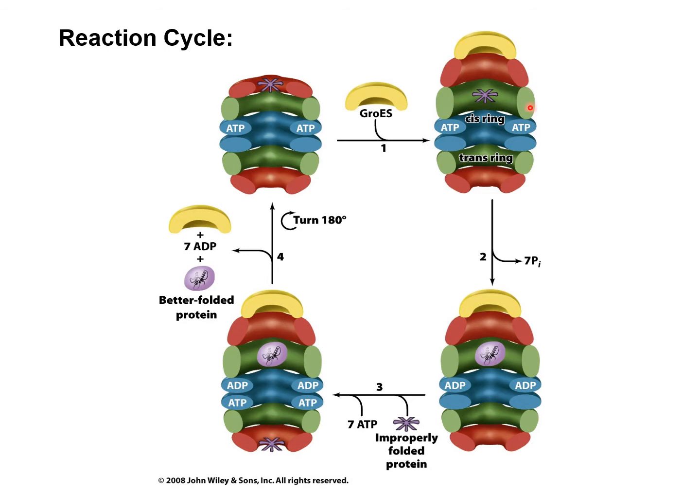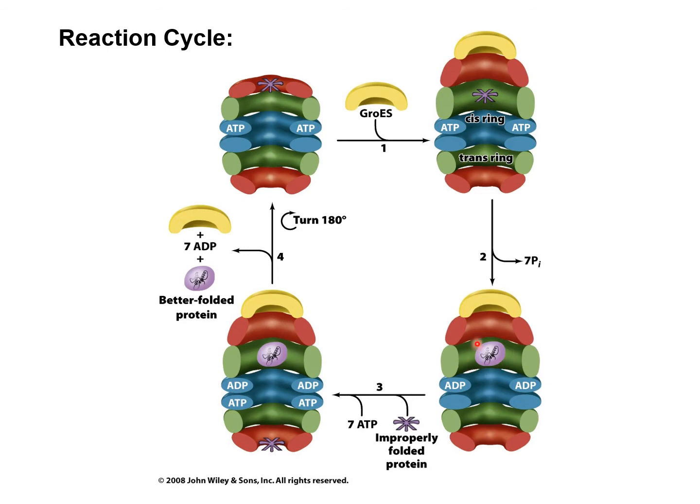This barrel region where the misfolded protein is located is called the cis ring of the GroEL complex, and the other one that does not have a misfolded protein is called the trans ring. Within the cis ring, ATP hydrolysis happens, so ATP changes to ADP, and with that chemical energy, the protein is refolded to a better shape with a lower energy.